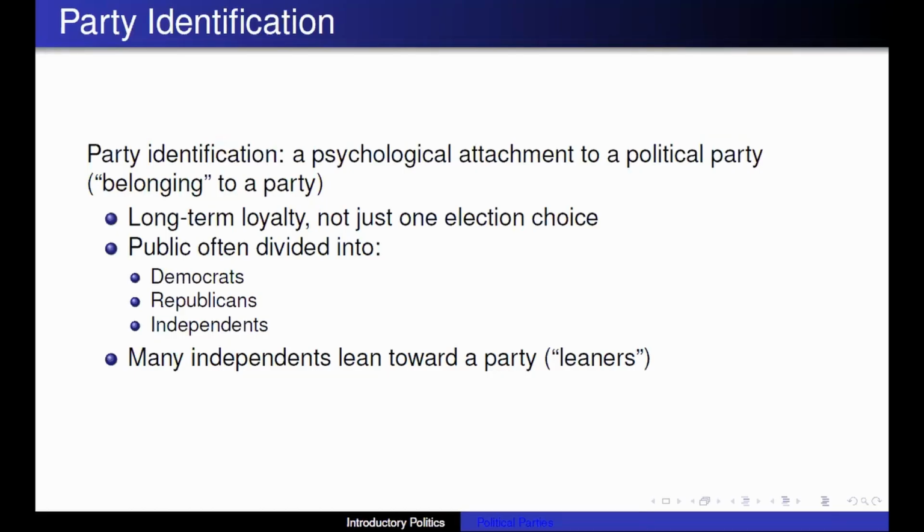leaning Republican. Party identification matters because it is one of the strongest predictors of voting behavior. People who strongly identify with a party are very likely to vote for that party's candidate across multiple elections, over multiple years, across multiple different positions of power that can be elected, etc. For example, someone who identifies as a strong Democrat will usually vote for a Democratic candidate for president, not just over the long term, but also for Democratic candidates for Congress, Democratic candidates for many state offices, and the same pattern is true for Republicans.